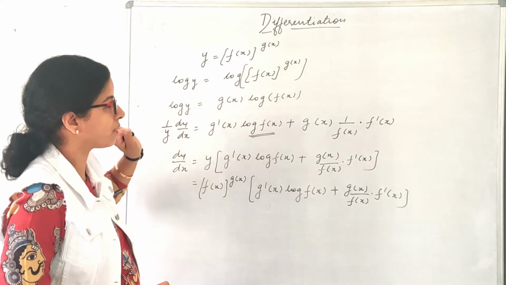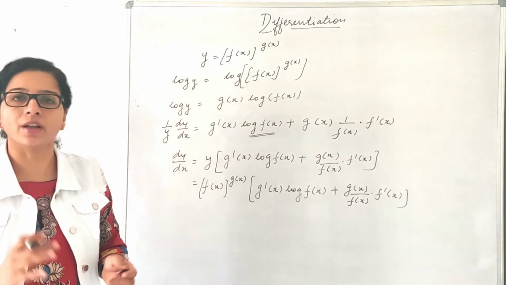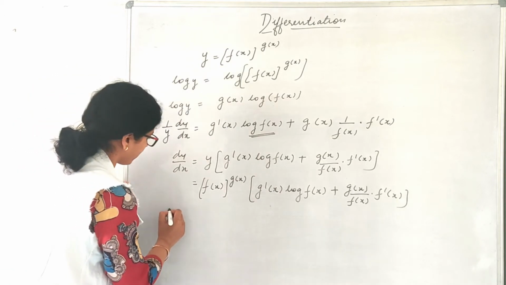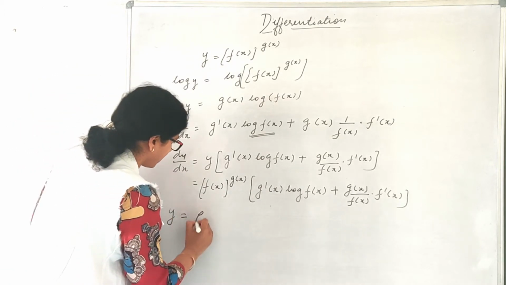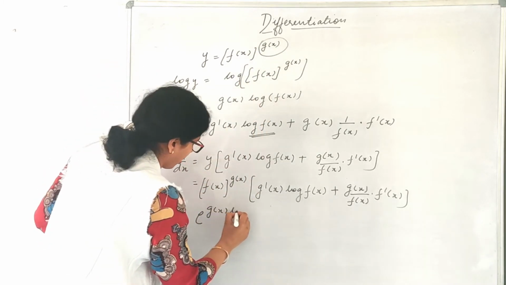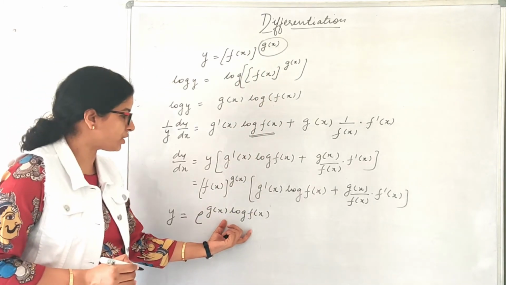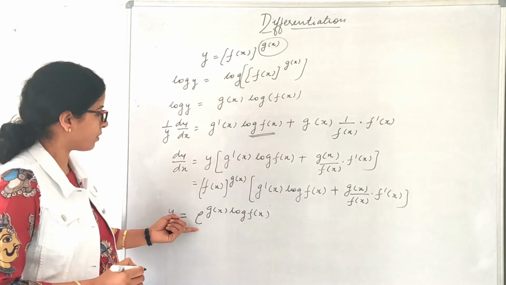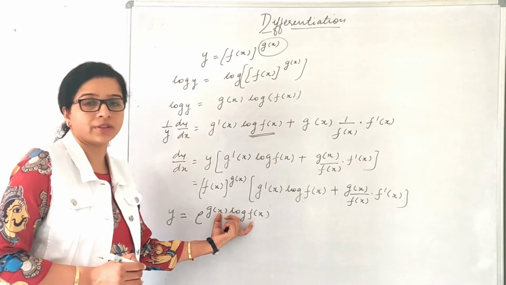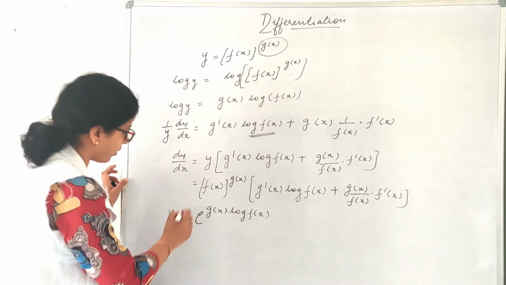So this is the way to solve it. There is one alternate method, and now I'll tell you the alternate method also. In the alternate method, you can write y is equal to e to the power g(x) log f(x). And now we can use the chain rule in this. The derivative of e raised to the power x is e raised to the power x, and the differential of this part you can also do.